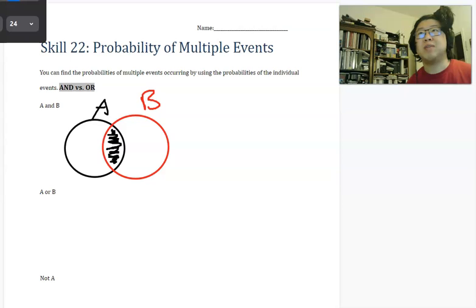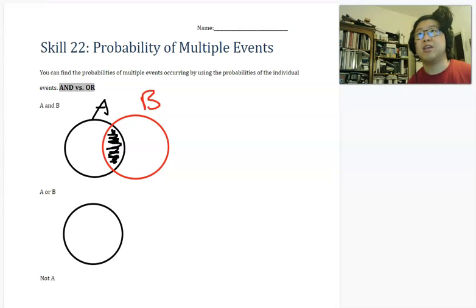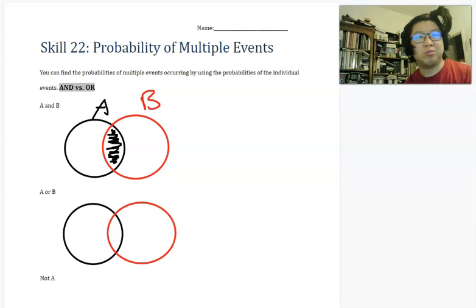All right, let's go ahead and continue onwards. I'm going to be using the same colors for my circles on the other ones, A and B, but I'm not going to be rewriting the letters there. You're just going to have to remember which ones they are. So for A or B, that means I could be riding my bike or using my phone.